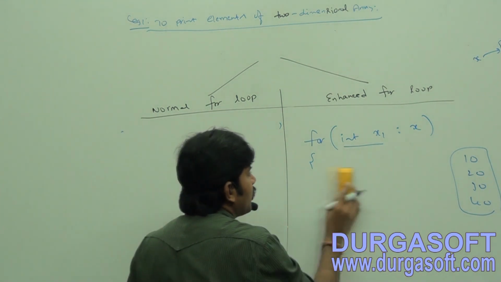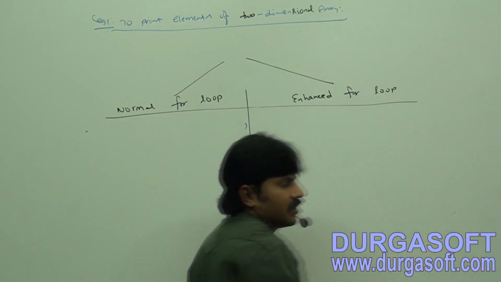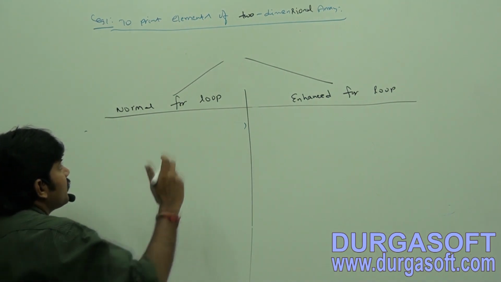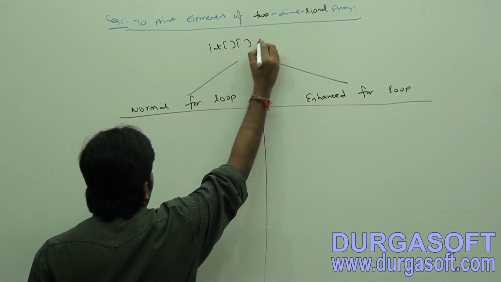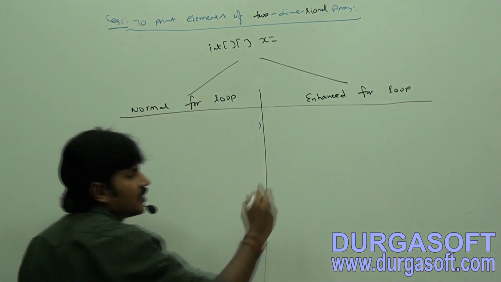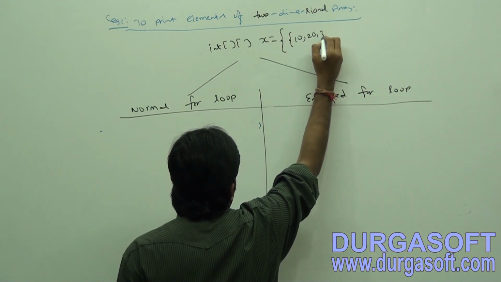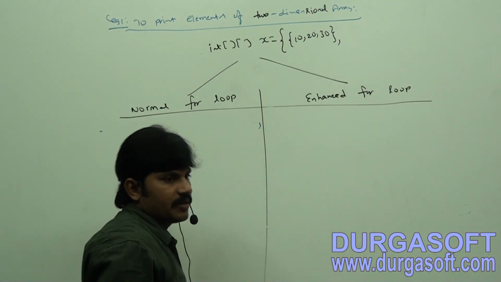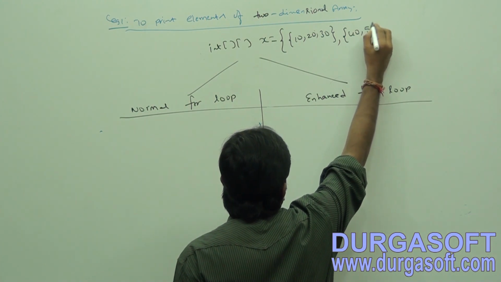Okay, now just observe the same example. Just listen to this one. Sir, I am taking a two-dimensional array x equal to 10, 20, 30 and next 40, 50.